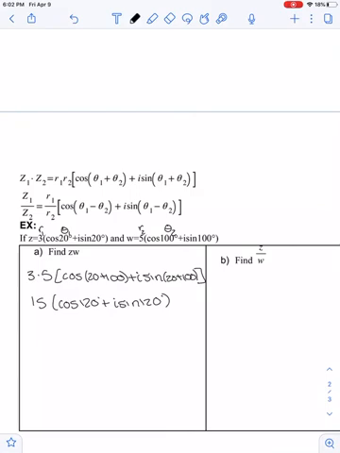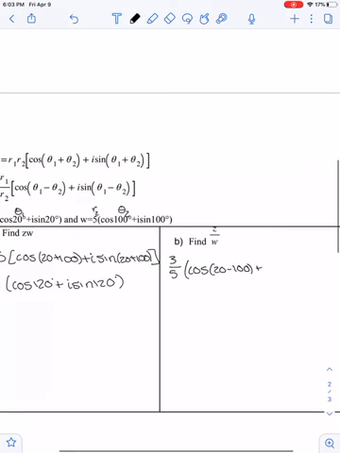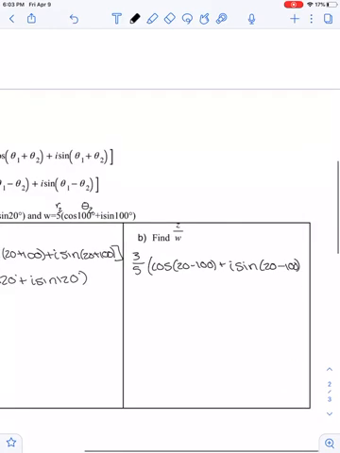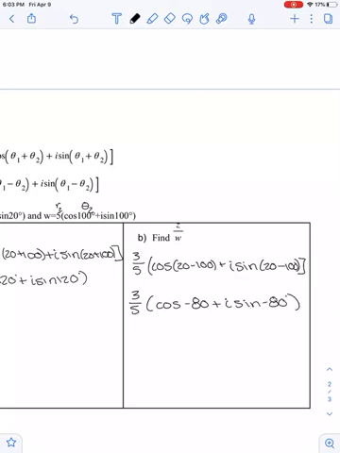Now doing the division, this is the quotient, and it's z divided by w. So r1 is still z, and r2 is still the w. So 3 divided by 5, and then cosine 20 minus 100 plus i sine 20 minus 100, and that would be 3/5 cosine negative 80 degrees plus i sine negative 80 degrees.